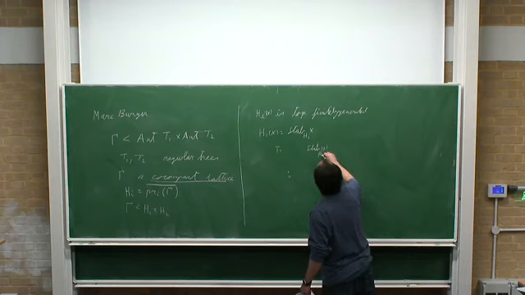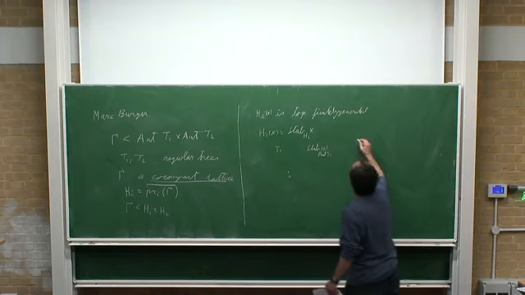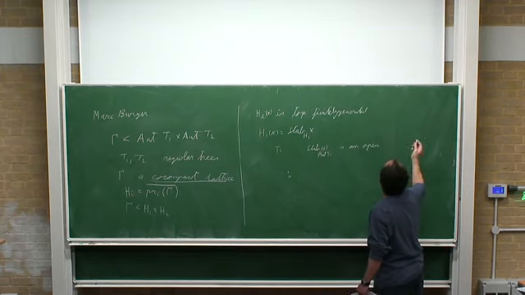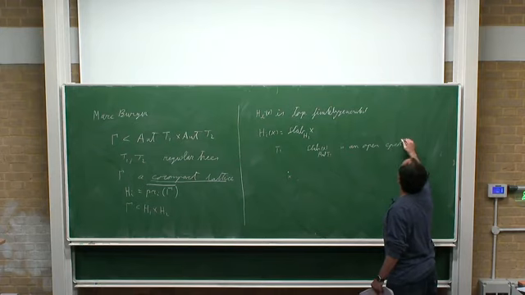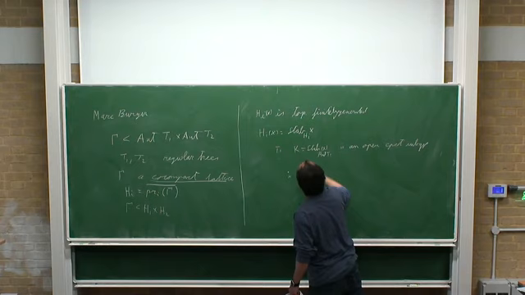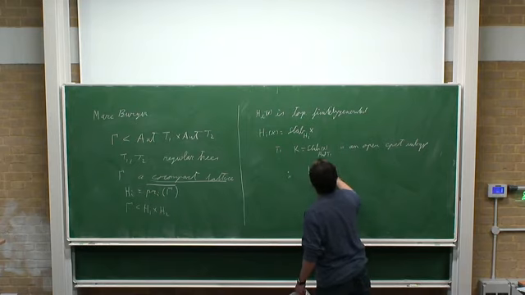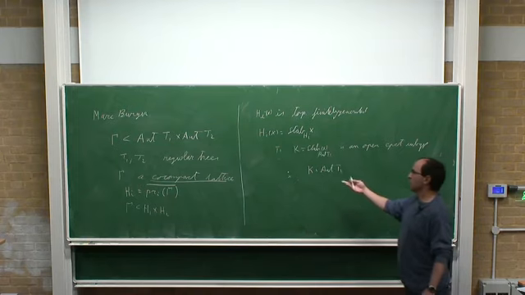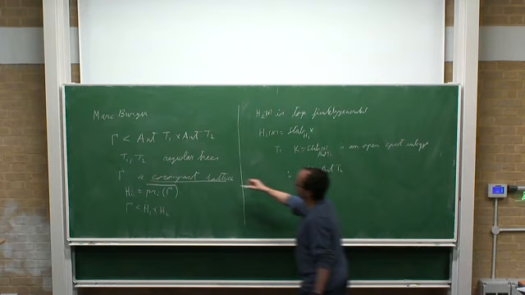This is an open compact subgroup. Let me call this K. If you look at K times the automorphism group of T2, this is an open subgroup of this big group.